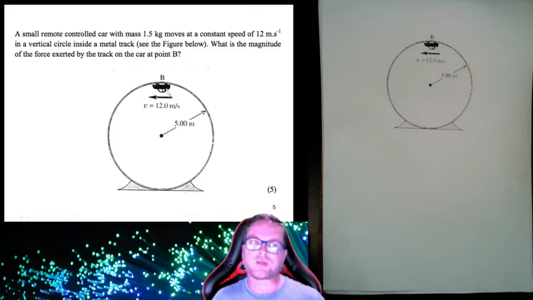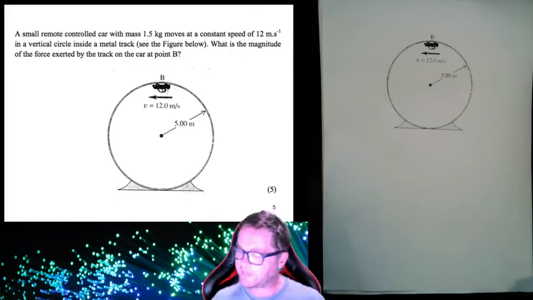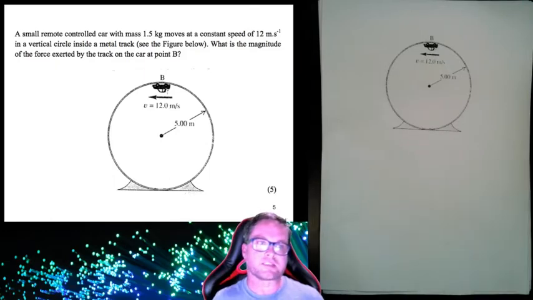What is the magnitude of the force exerted by the track on the car at point B? As shown in the figure, the car is going around in a loop-the-loop motion, and we're given a moment frozen in time at the top of the car's trajectory, and asked to calculate the magnitude of the force exerted by the track on the car at point B.